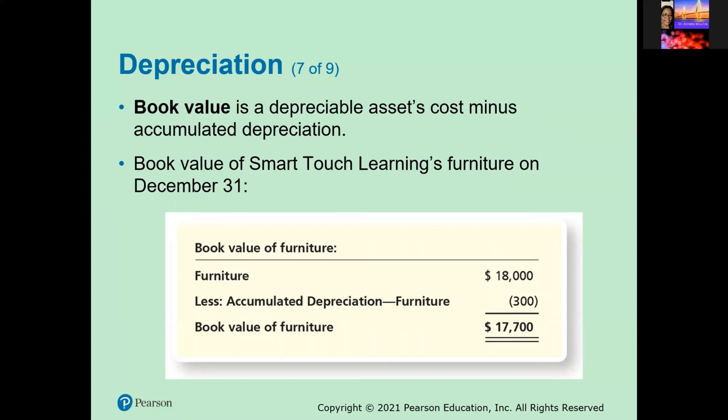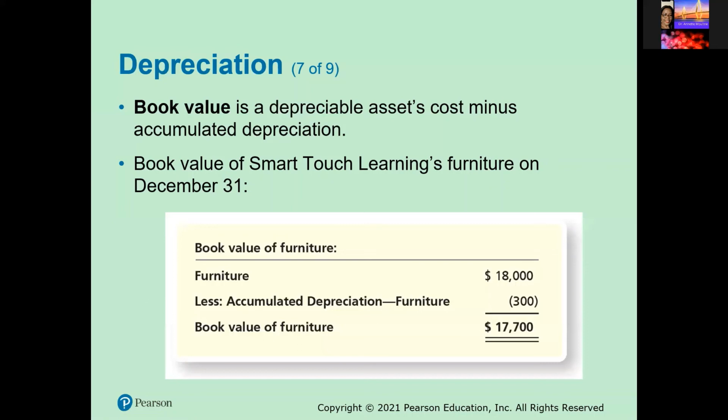The resulting net amount, which is cost minus accumulated depreciation of a plant asset, is called its book value. The book value represents the cost invested in the asset that the business has not yet expensed.